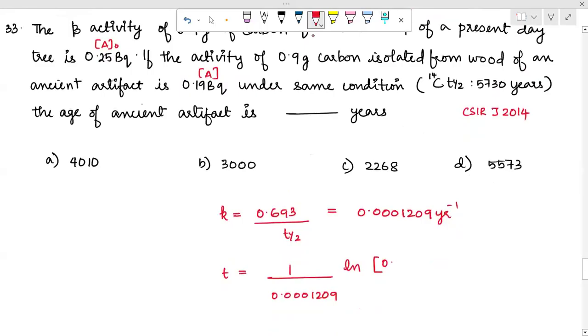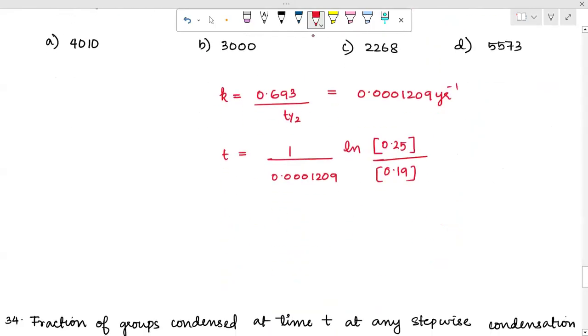Initially, it was 0.25. Finally, it is 0.19. That's it. Okay, so you can solve this, and the nearest answer is going to be 2268 years, option C, the nearest one. 2268.